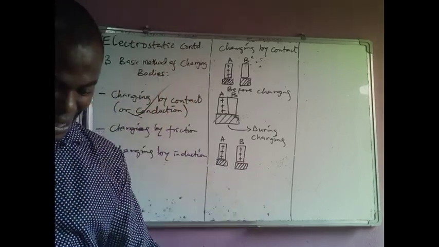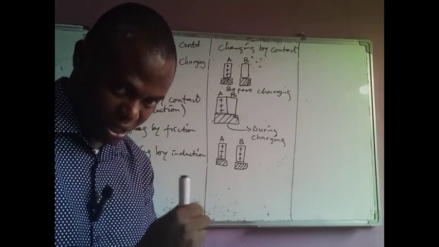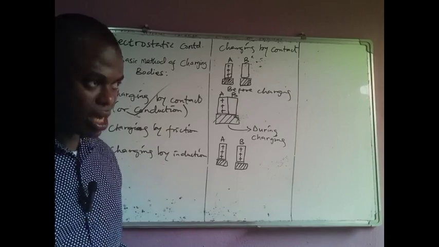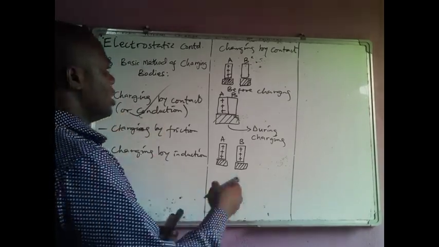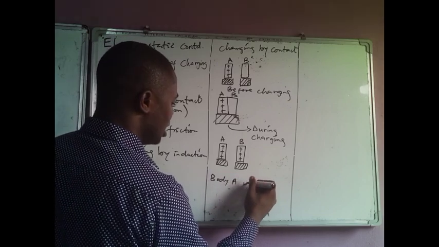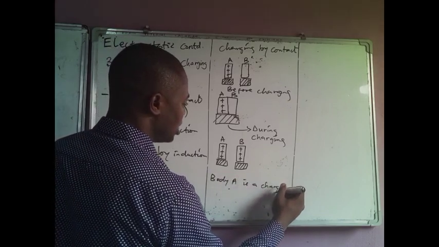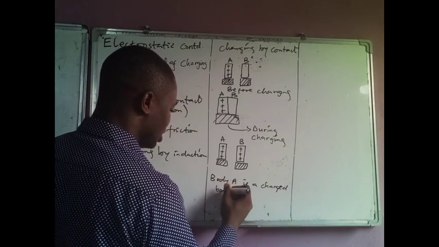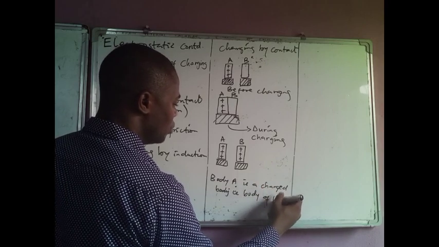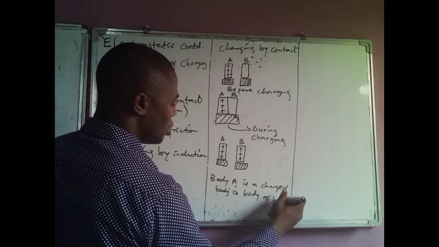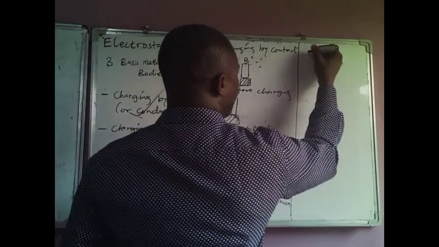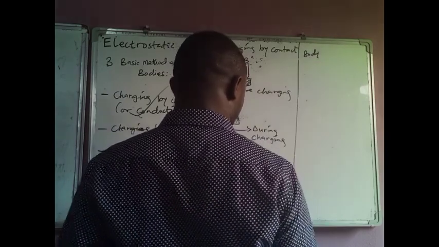It requires direct touching of a body to be charged to an already charged body. Like you see, body A here is a charged body, that is a body of known polarity.